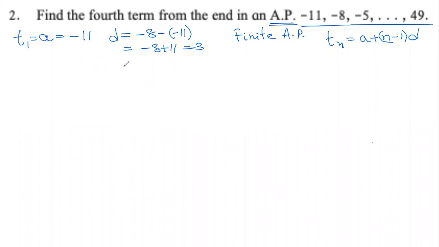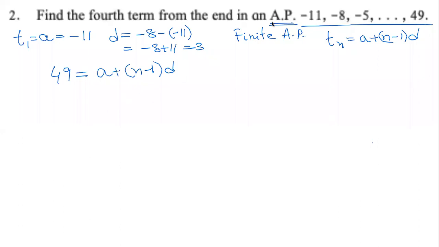We know 49 is a term and 49 is the last term. So if we can, using the number 49, using the term 49, we can find the value of n. How? 49 is a term, so it can be written in the form a plus n minus 1 into d. Last term हुआ तो क्या हुआ? Term तो है. So any term can be written in this form.